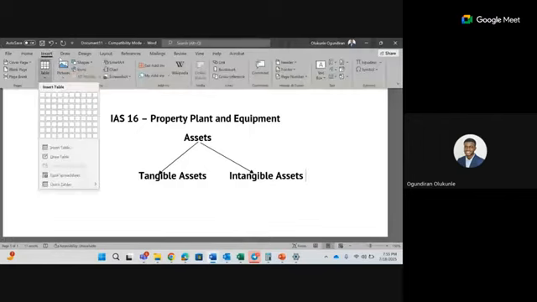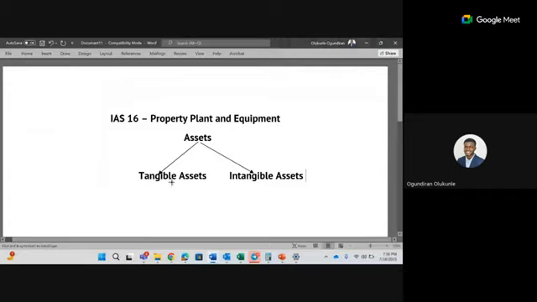Obviously, I'm not looking at it from the perspective of whether it is current or non-current. Your asset can either be current or non-current, monetary or non-monetary. But that's not the lens from which I'm looking at it. I'm looking at it by nature.